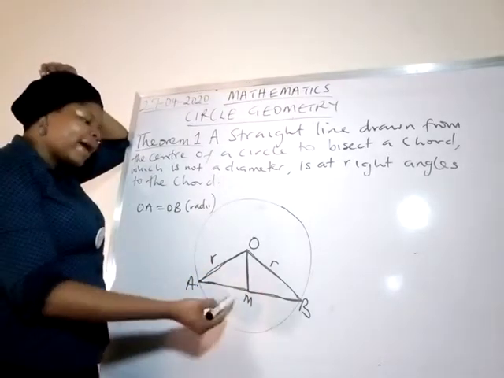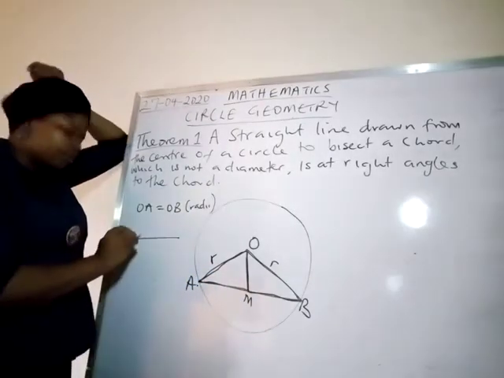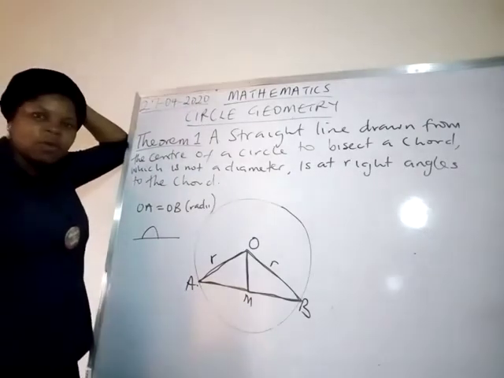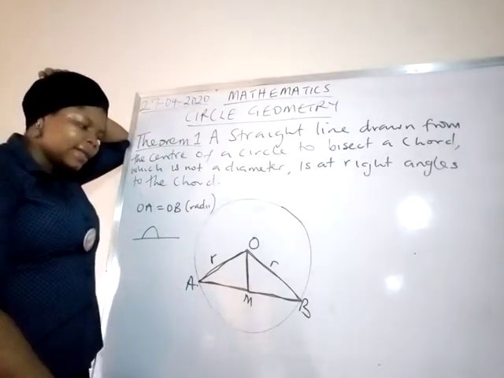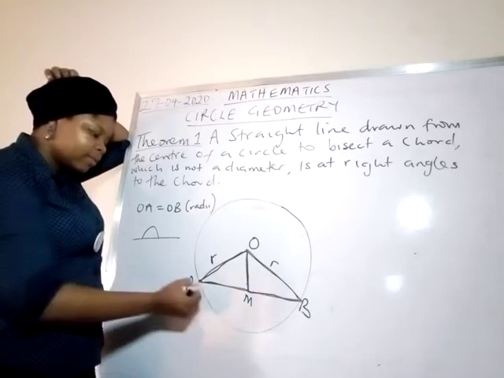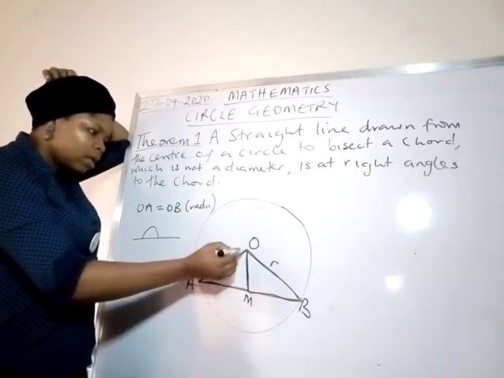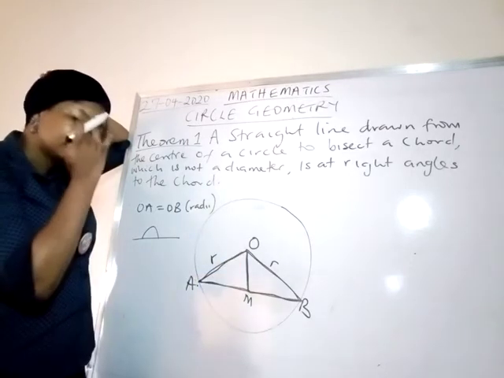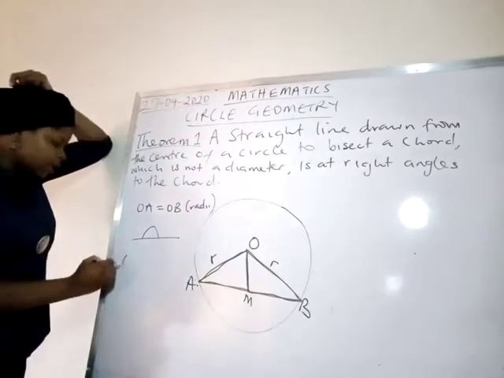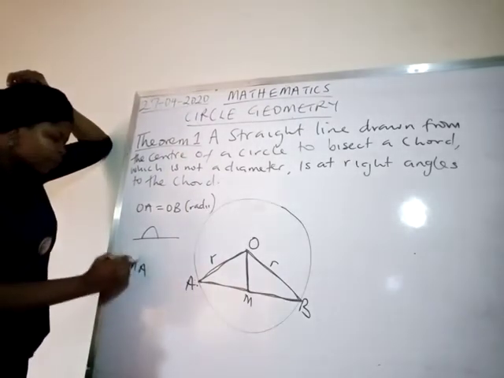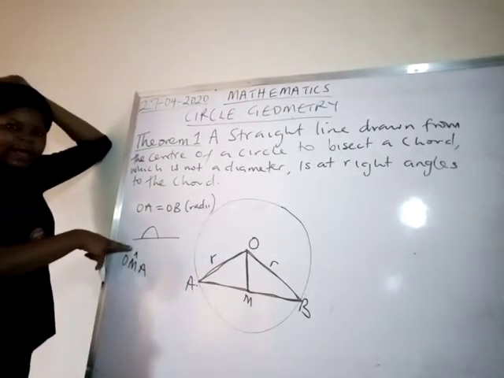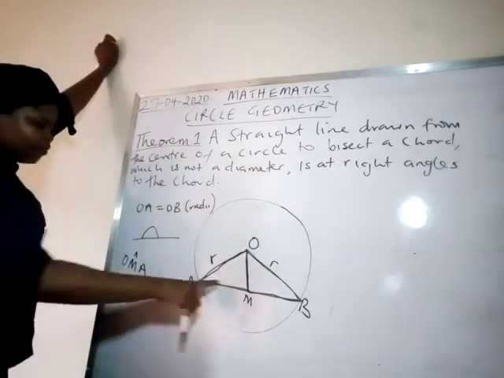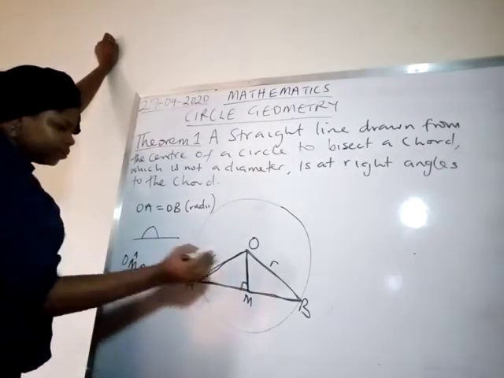Now, if I go by angle on a straight line, you know angle on a straight line is what? 180 degrees. So I can say the angle here, let me just say OMA. Are you getting it now? When I put angle on M, it means I'm referring to this angle here.